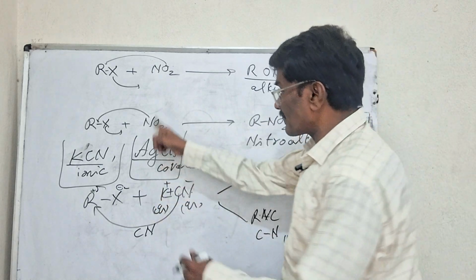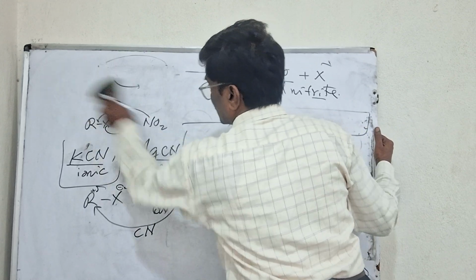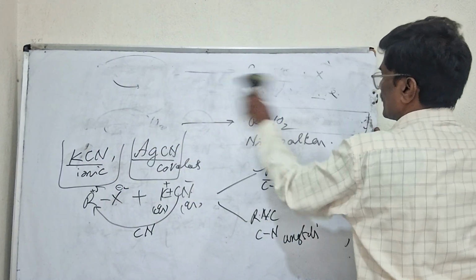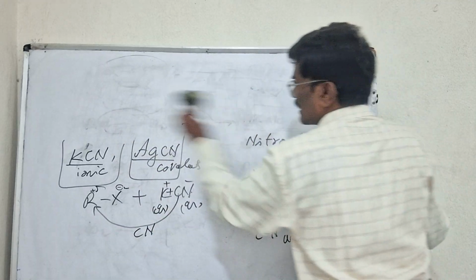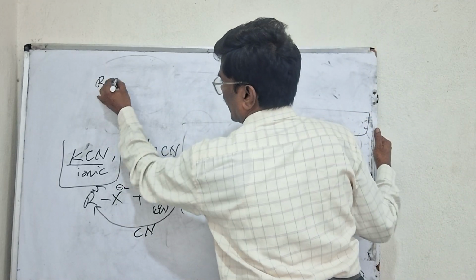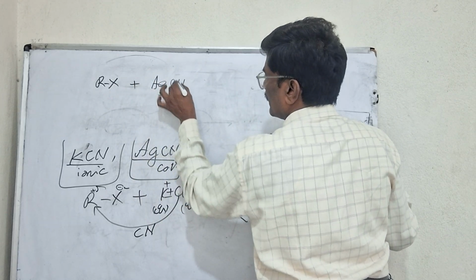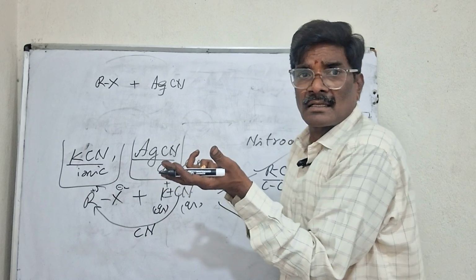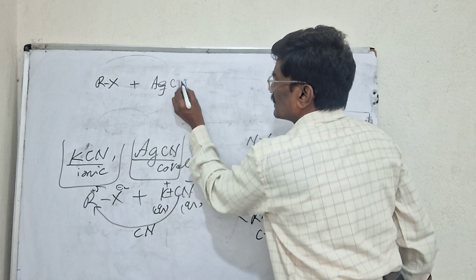Now let us talk about silver cyanide. When RX, an alkyl halide, is mixed with AgCN, it does not give ions. Carbon is not free; only nitrogen is free.